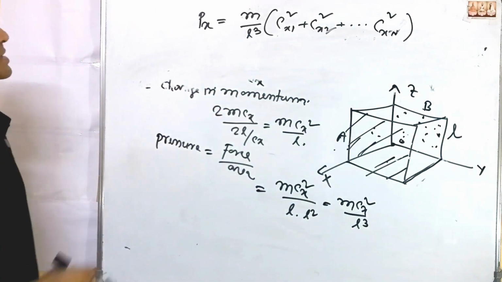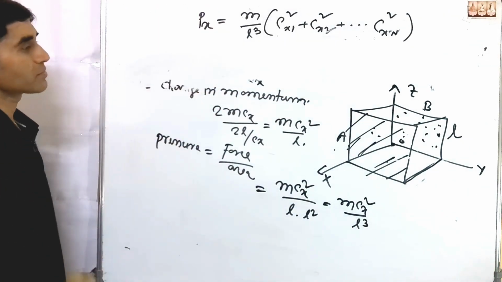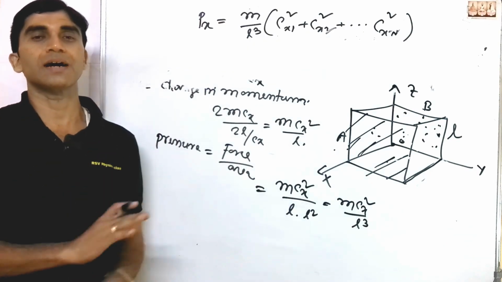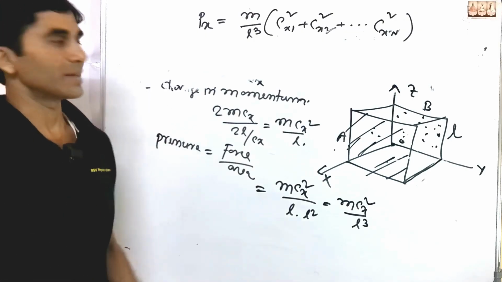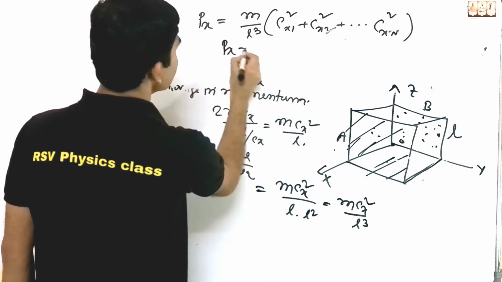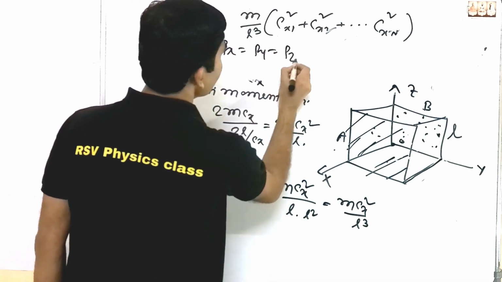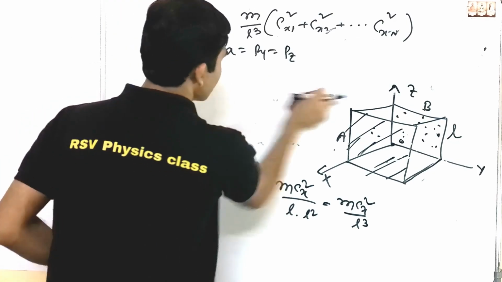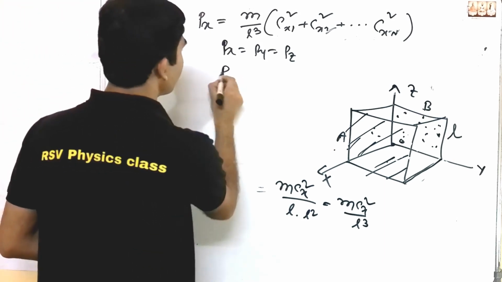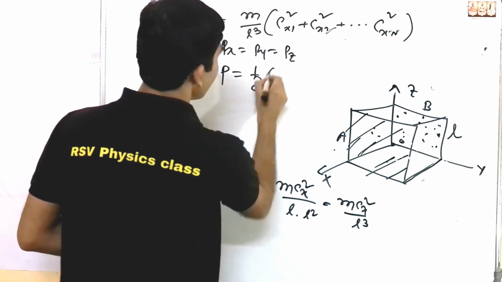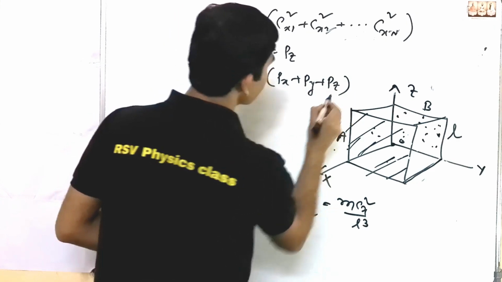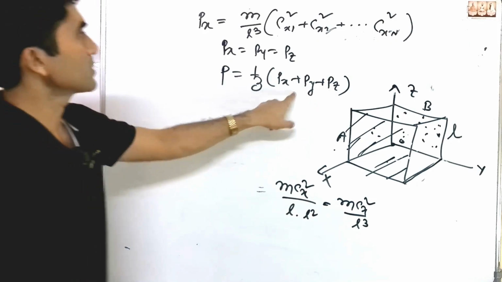This is the pressure in the x direction, and all gas molecules exert pressure isotropically, meaning for the other directions Px equals Py equals Pz. So you can write P equal to 1/3 of Px plus Py plus Pz, since the motion is uniform in all directions.